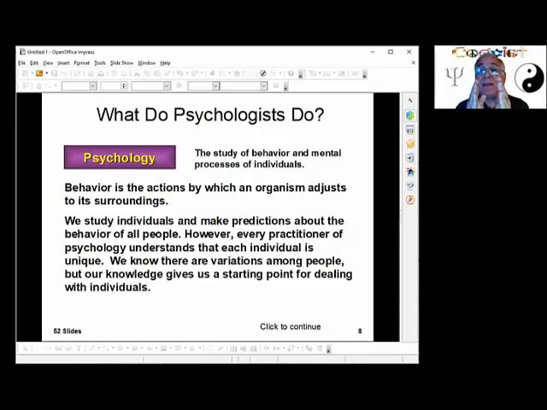So that is what we consider normal because it's 68%. It's the largest portion of the amount of behaviors that occur. There's a very wide range within there. It's not just one behavior. It's a whole range of behaviors that we consider normal.